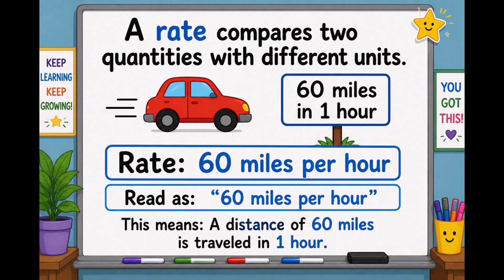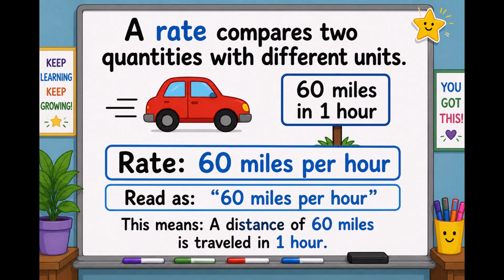Hopefully you're not reading just 20 words per minute, but it's possible that someone could be reading that. Each one compares two different units: miles and hours, dollars per item, which is notebook, words per minute, gallons per minute. So each one of those compared two different units.